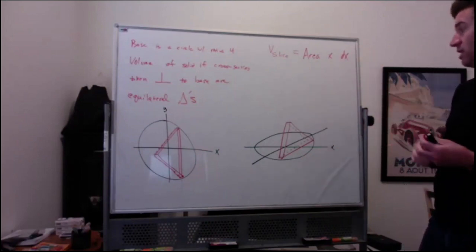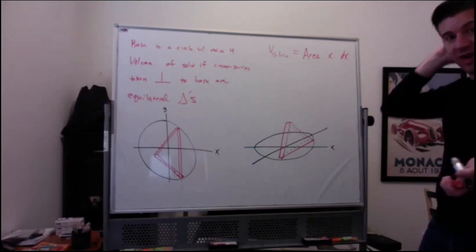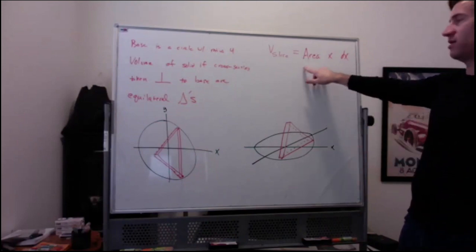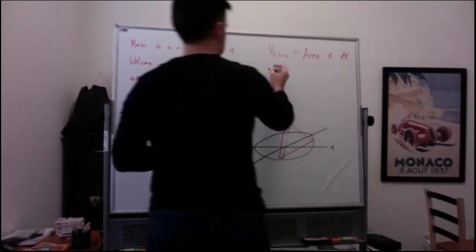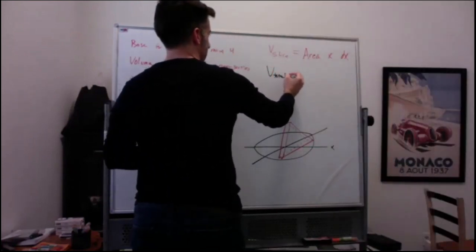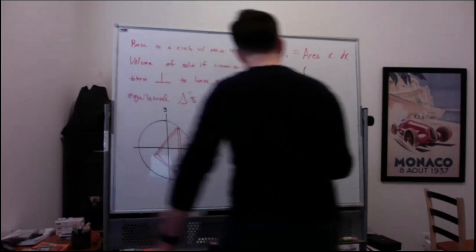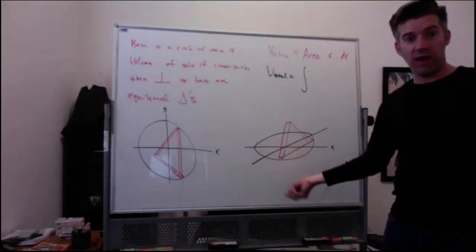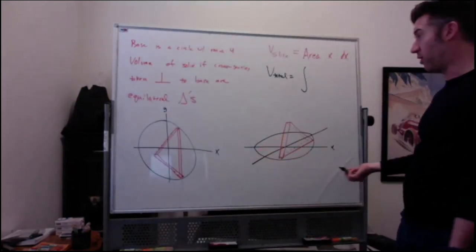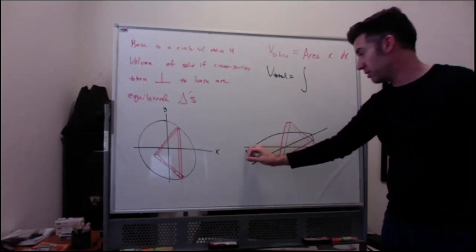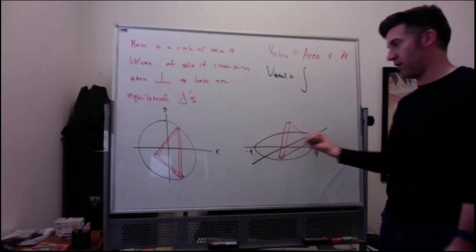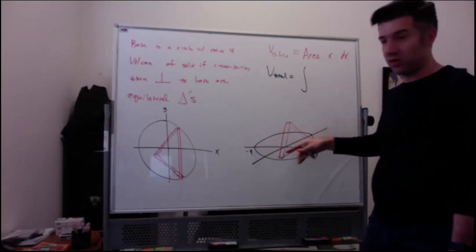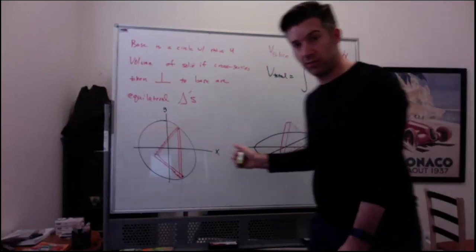Okay, so now to find the volume, I guess I should really find an equation for the area here. But the idea is going to be to find the total volume. I'm just going to integrate. I'm going to add up all the triangles with thickness, their volumes, and I'm going to go from -4 to 4, because that's how far left and how far right you can think these triangles going, or you can think this strip is going.